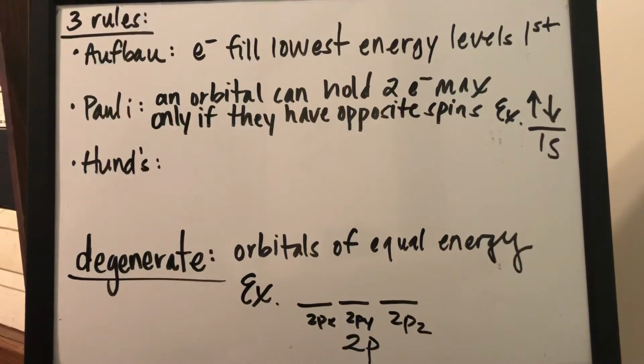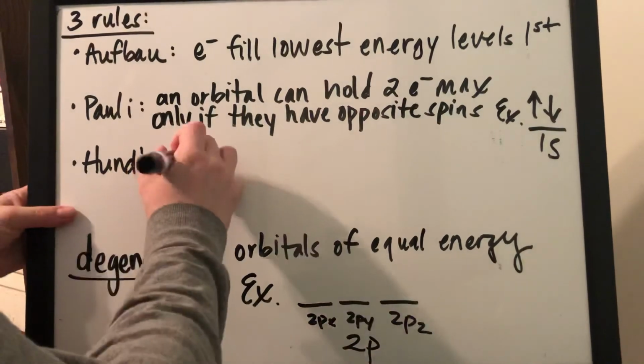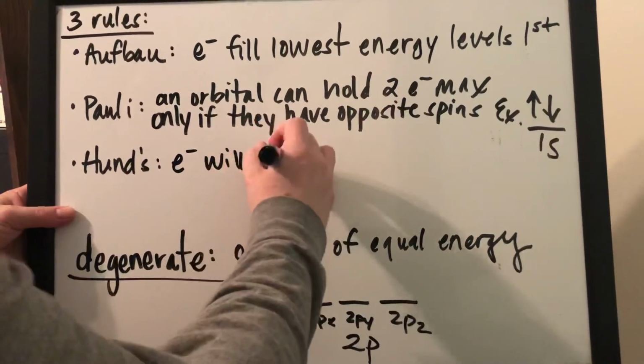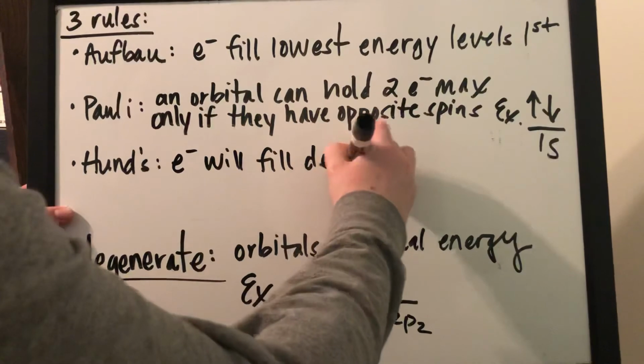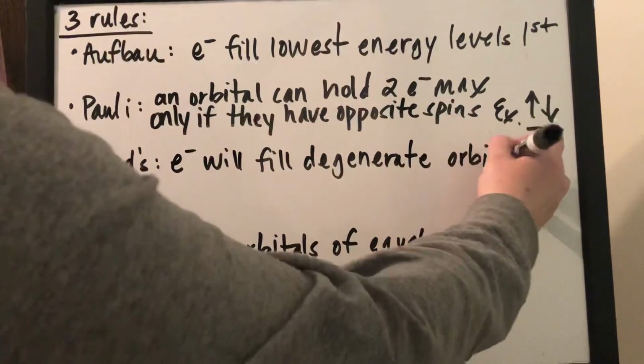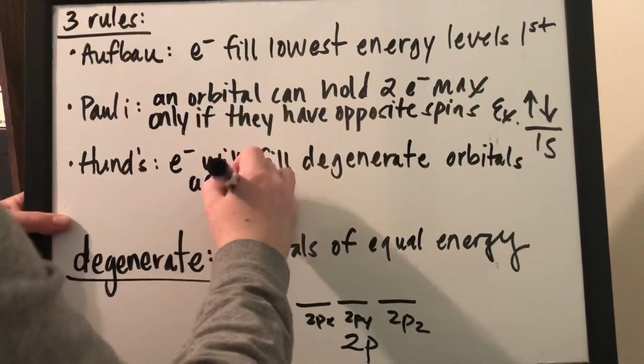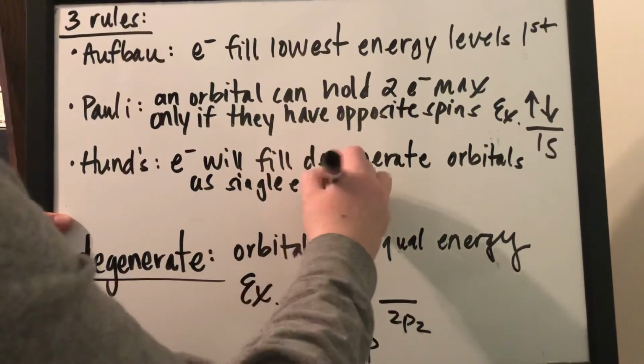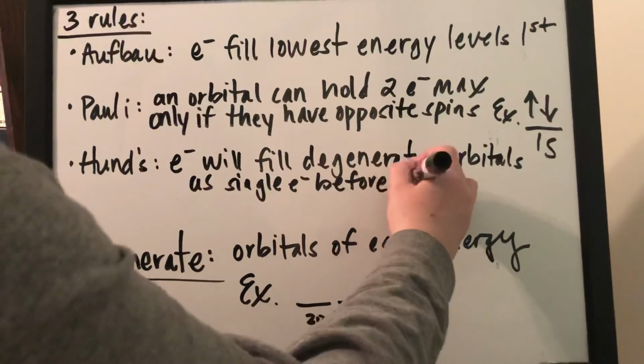So Hund's rule says that electrons will fill degenerate orbitals as single electrons before doubling up.